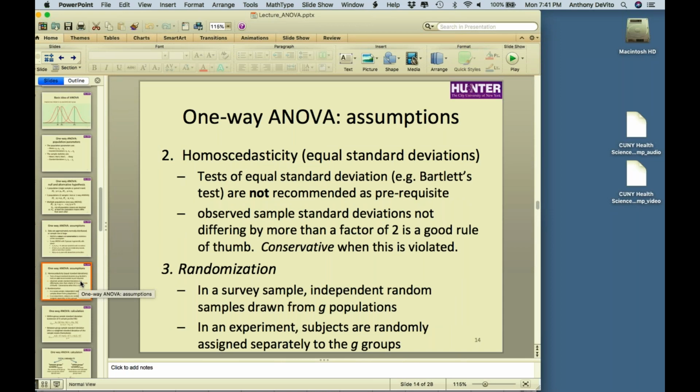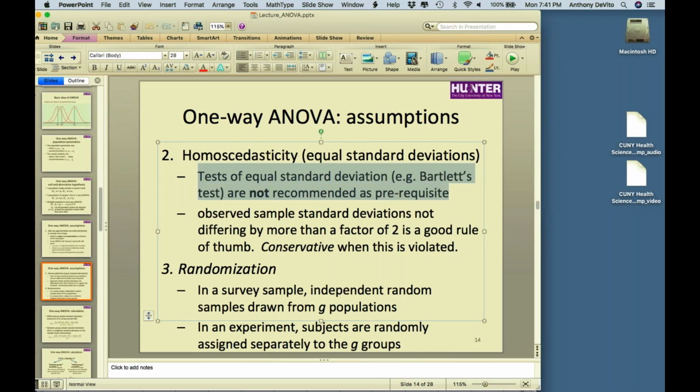Okay, homoscedasticity. What that word means is equal standard deviations. That's another one of our assumptions, that the standard deviations, the variability of these groups, are the same. And again, they don't have to be perfectly the same. In fact, there are some statistical tests we can run to help us determine whether they can be assumed to be close enough to equal to use analysis of variance.